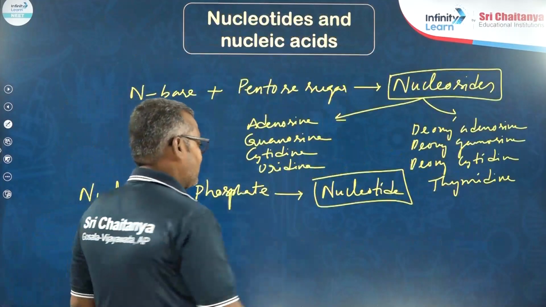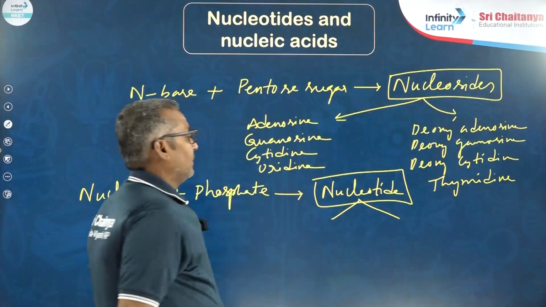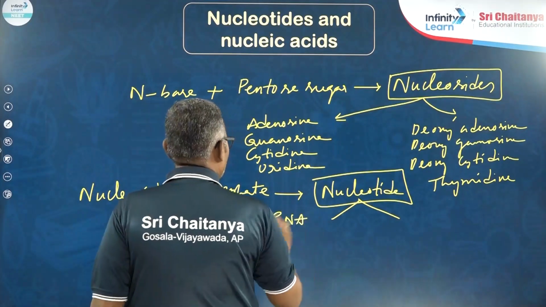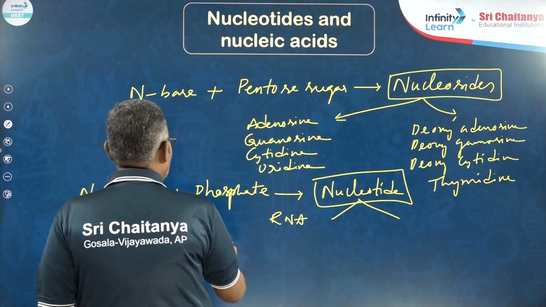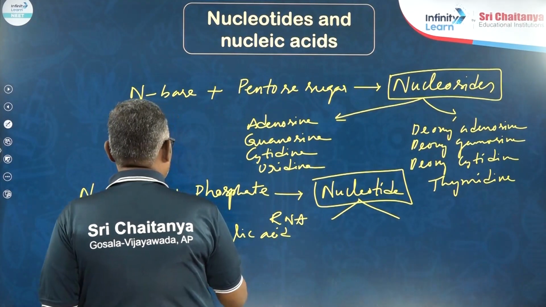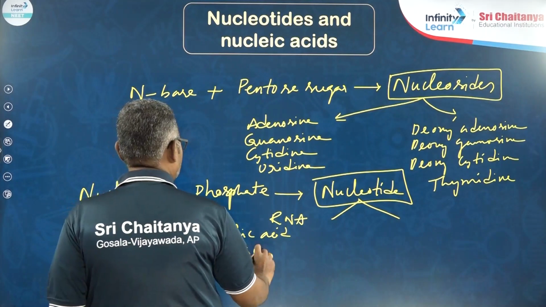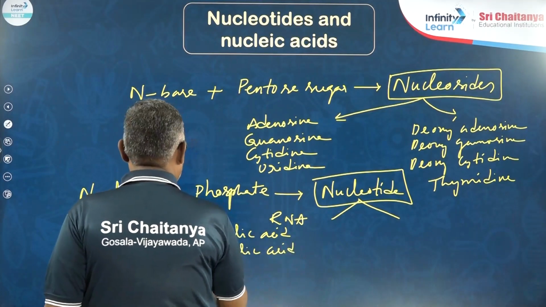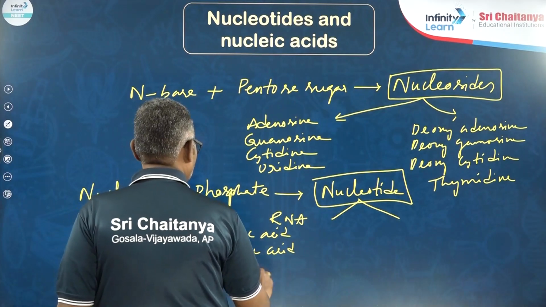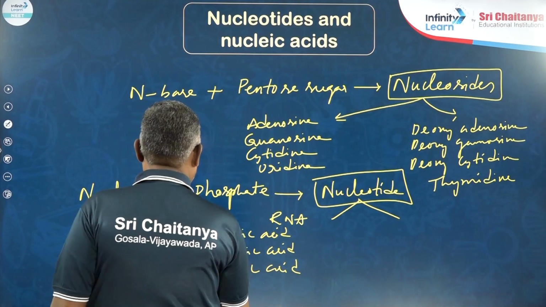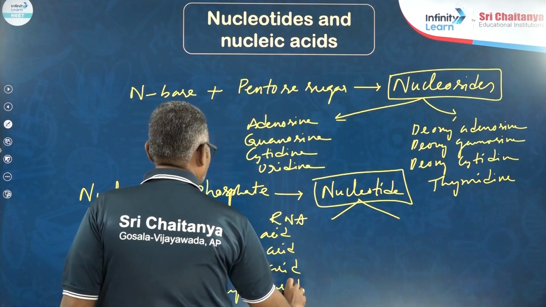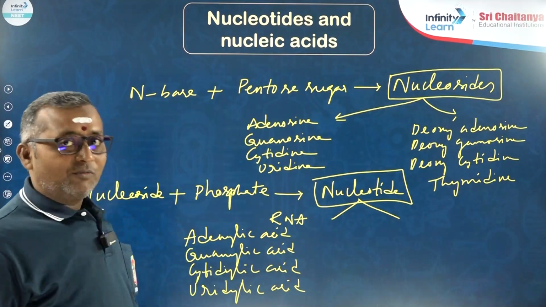The nucleotides of RNA include adenylic acid, guanylic acid, cytidylic acid, and uridylic acid. These are nucleotides of RNA.